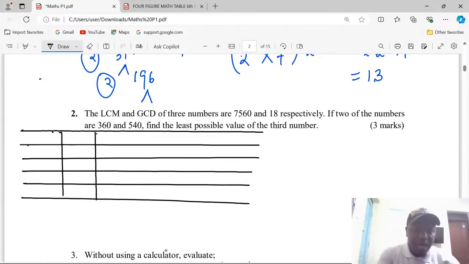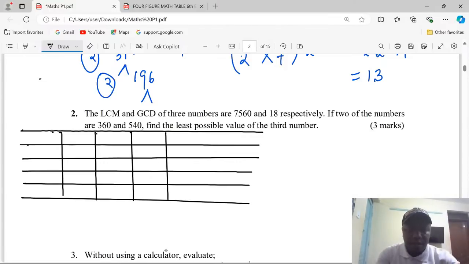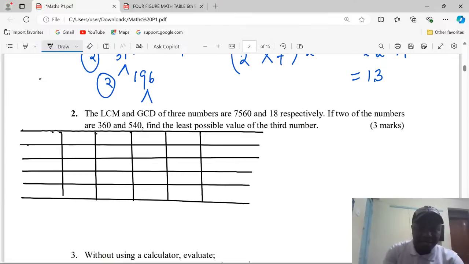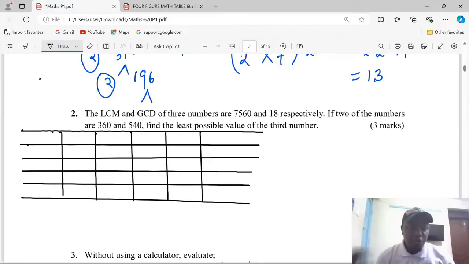So we are going to write our prime factors here, so that we outline the numbers which have been provided and any other possible number which might arise when you are handling such a question. Because sometimes the question can be open, you can be told to find other possible numbers. But in this case, the examiner is very categorical. We are being asked to find the least.